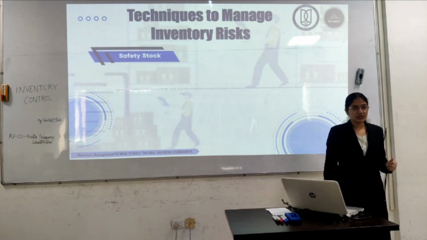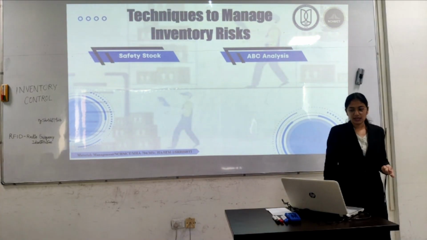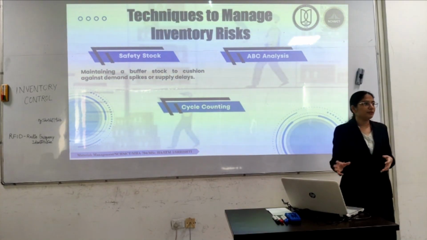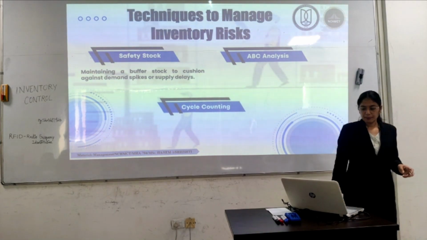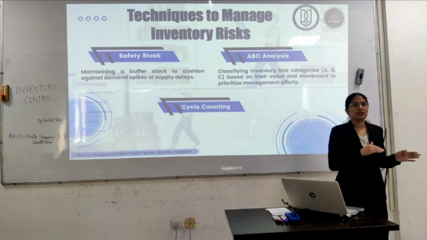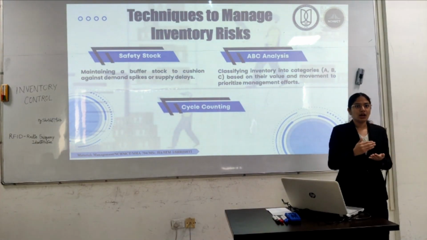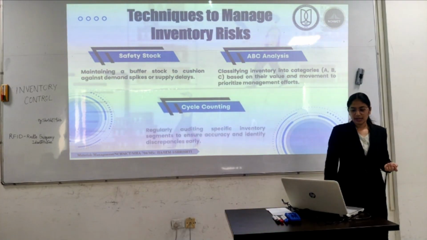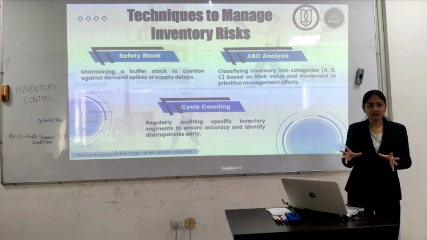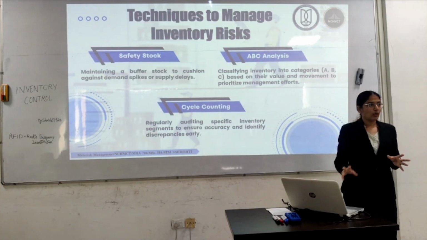There are some techniques to manage inventory: safety stock, ABC analysis, and cycle counting. Safety stock is keeping stock in a buffer for emergencies. ABC analysis is classifying the stocks into different categories according to their values and price range. Cycle counting is keeping a count of the inventory while auditing.